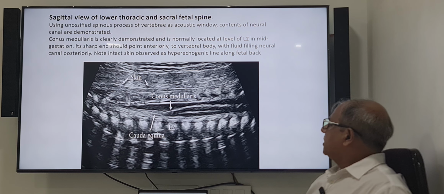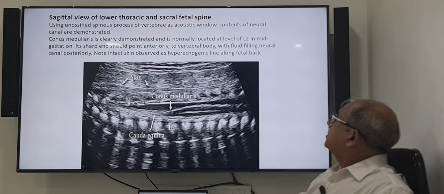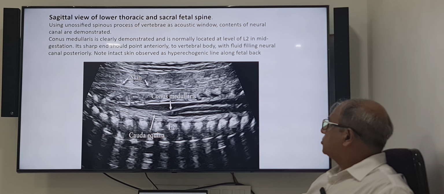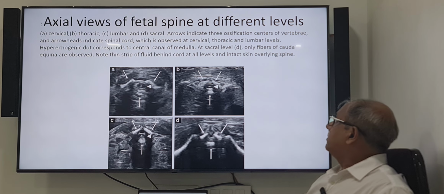If you do a little bit detailed scanning, you can see the conus medullaris, which is at L2. Using the ossified spinous process of the vertebra as an acoustic window, contents of the neural canal can also be seen. This is very important: transverse section and axial view of all levels.